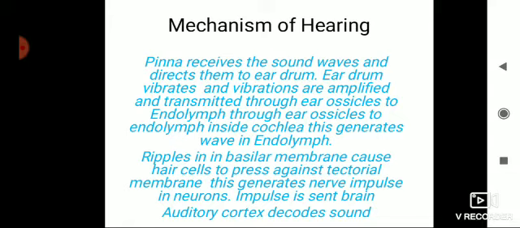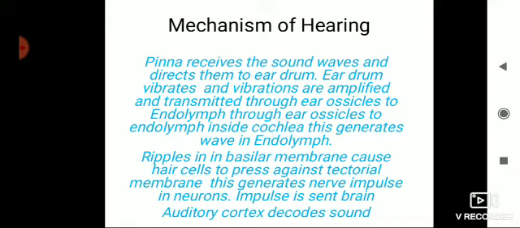The ear ossicles contain the endolymph as a fluid, and this endolymph again reaches the cochlea, and this cochlea generates waves in the endolymph. Then there is a basilar membrane.